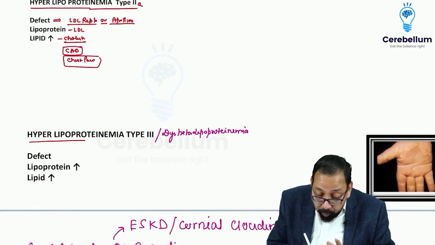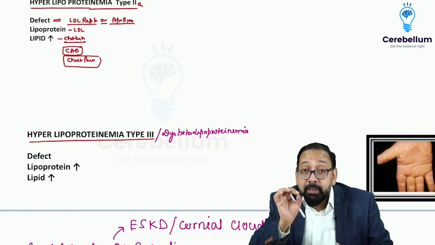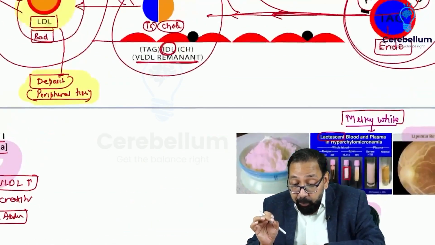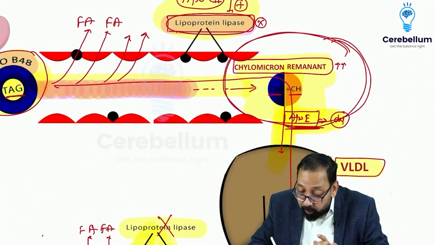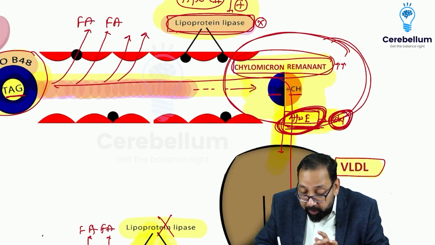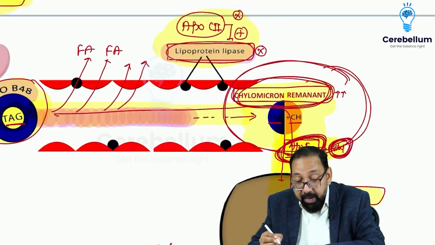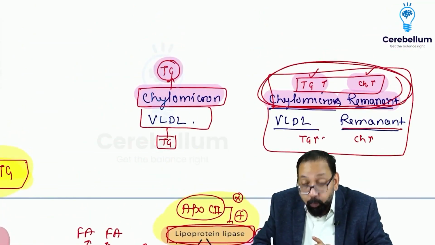I told you that ApoE is responsible for the metabolism of this chylomicron remnant. Chylomicron remnant is metabolized with the help of ApoE. If it is deficient, then chylomicron remnant will not be metabolized, and chylomicron remnant contains both triglyceride and cholesterol.